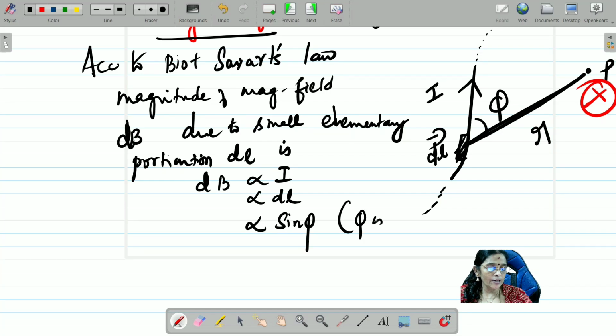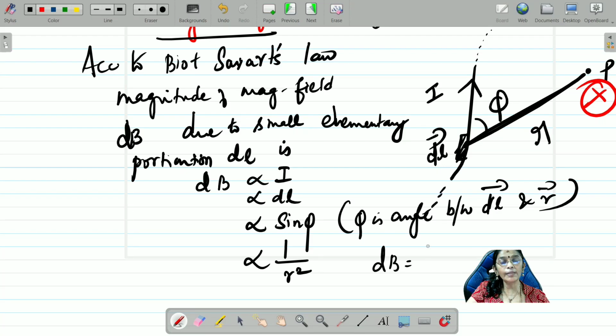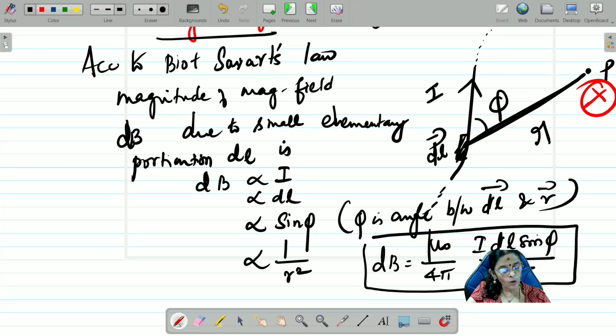Phi is the angle between dl vector and r vector. And of course, it is inversely proportional to r square. Taking the proportionality constant, dB is equal to mu naught by 4 pi, I dl sine phi by r square. This is the final expression of Biot-Savart law.